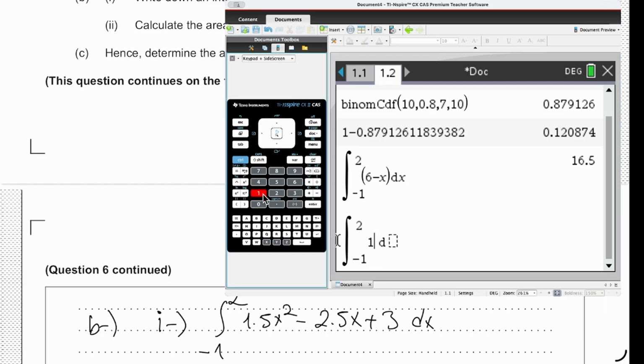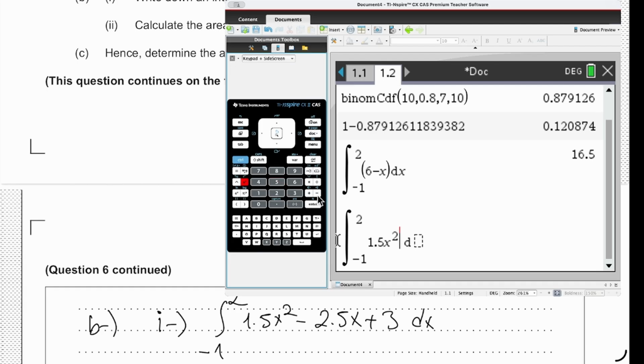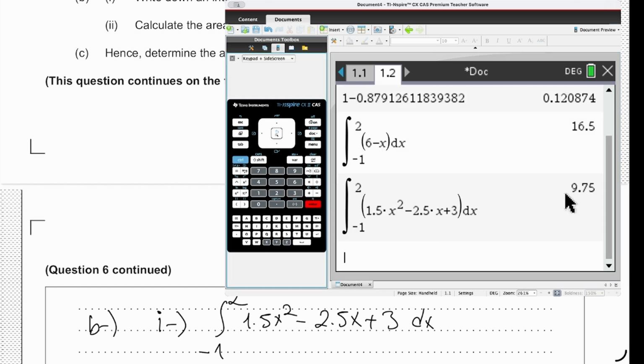Let's do it. Minus 2.5x plus 3 and dx. I'm always doing control enter to see it like a decimal. 9.75 is our answer.